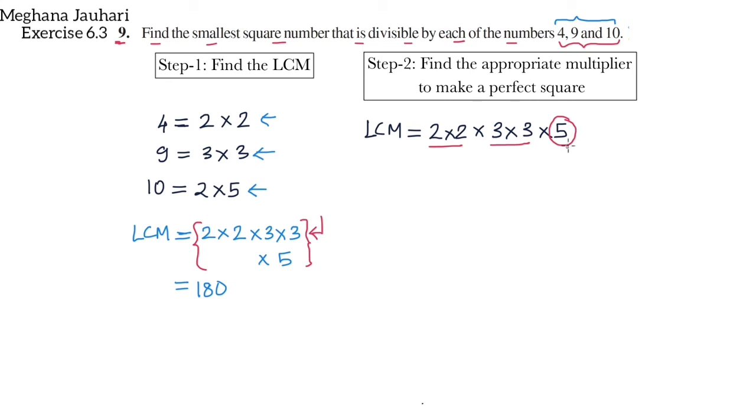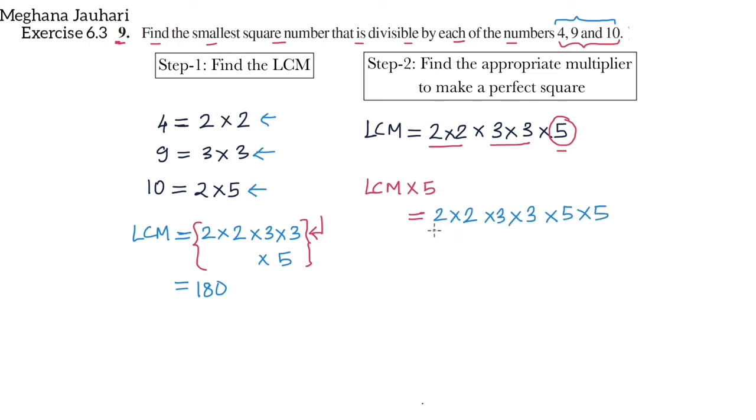And yes, that number should be 5 so that you can complete this unpaired part of 5. So if you multiply the LCM by 5, what will you get? Yes, 2 into 2 into 3 into 3 into 5 into 5.